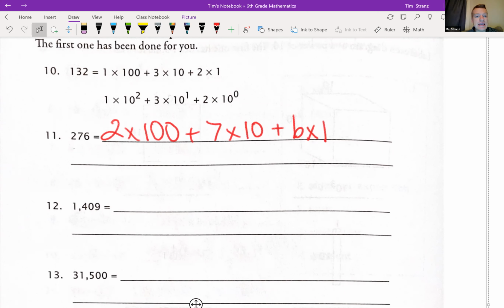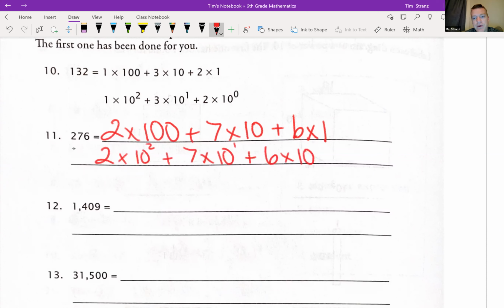If we want to write that in exponential notation, we're going to have 2 times 10 to the 2nd power, which represents 200, plus 7 times 10 to the 1st power, which represents 70, plus 6 times 10 to the 0 power, which represents the number 6. Okay, so you would have 276.